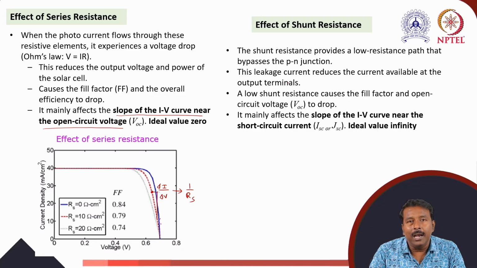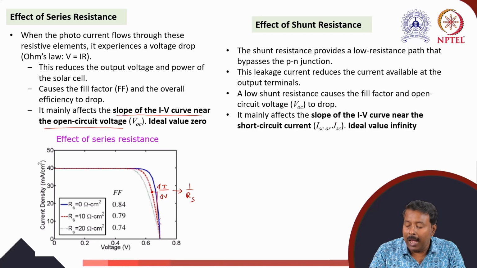The ideal value of shunt resistance is infinite, which indicates there is no alternative path. A low resistive path means RSH is low, so ideally it should be infinite. Ideally there should not be any alternative path for photo carriers to flow.